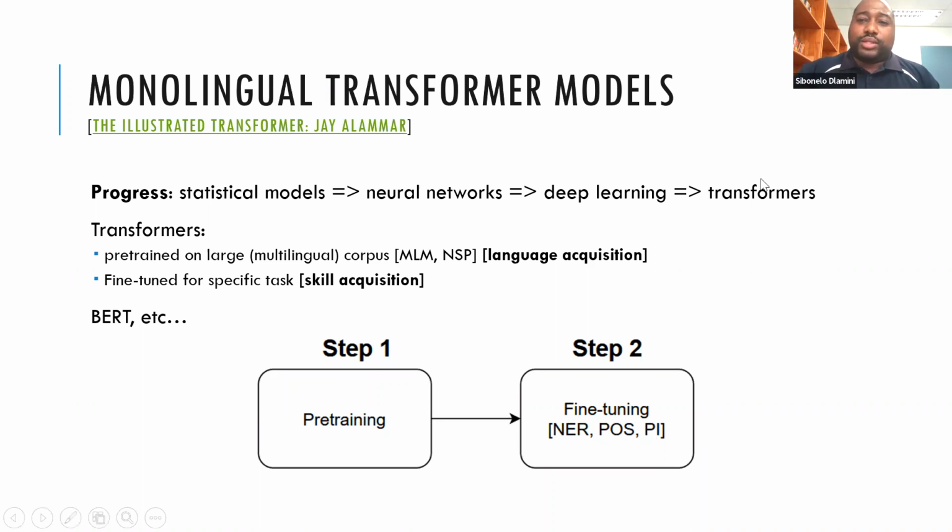And then finally, we've gotten to transformers, and they are currently dominating NLP, as we'll see later in the presentation. The important thing that I want to highlight about transformers is that there are 2 steps involved when we use transformers for NLP.